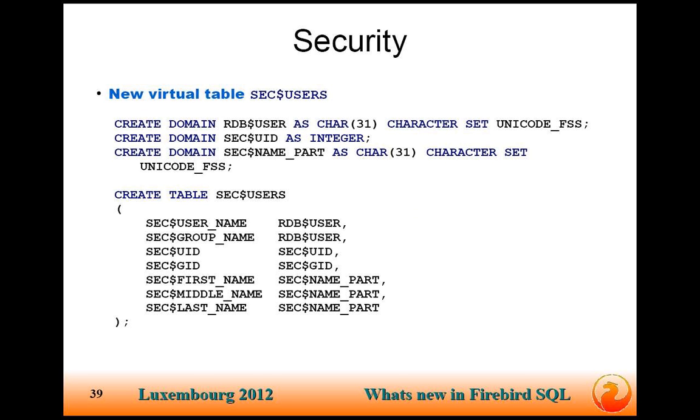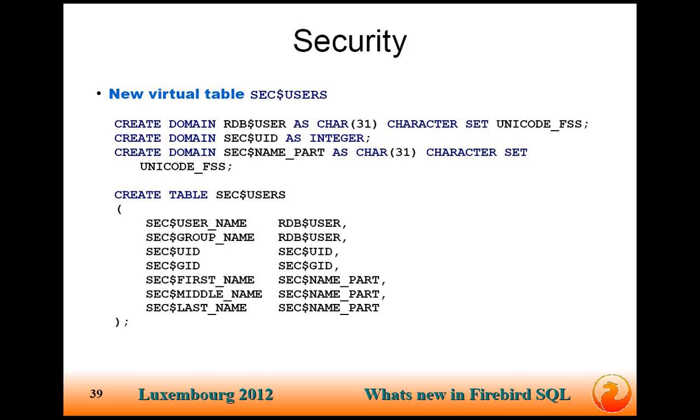So in Firebird 3, this gap was filled, and we introduced a new virtual table. A virtual table is like the monitoring tables. It is populated on the first access and remains stable until the transaction ends. This new virtual table has the list of the users from the security database.